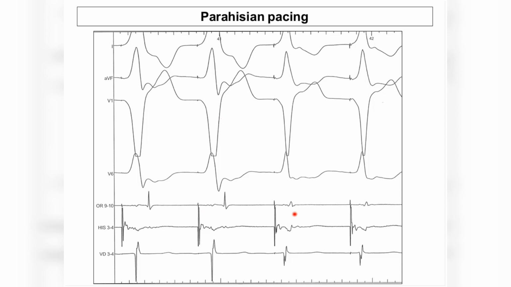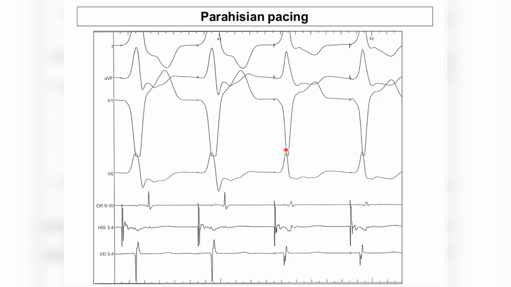If there is no abnormal structure between the ventricle and the atrium, when we capture the His, we will obviously short-circuit the structures between the ventricle and the atrium.